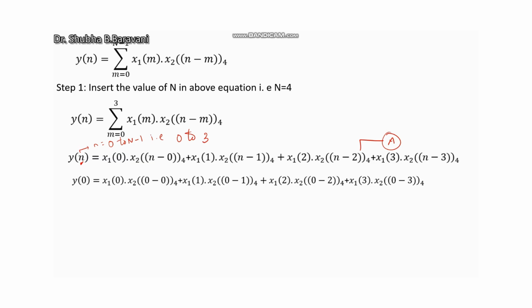In this equation, substitute the value of y of n: x1 of 0 as it is, x2 of 0 minus 0 base 4, x1 of 1, x2 of, in place of n I substituted 0, so 0 minus 1, x1 of 2, x2 of 0 minus 2, x1 of 3 as it is, and x2 of 0 minus 3 to base 4.